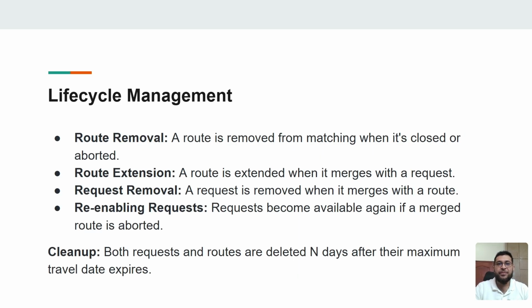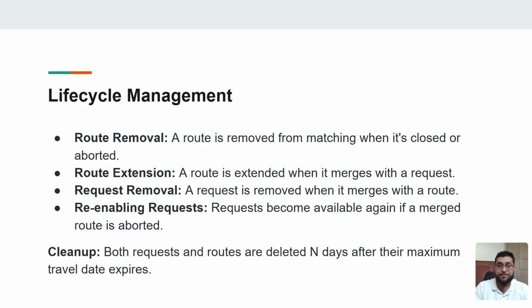And this will be the life cycle management, like route removal. A route is removed from matching when it's closed or aborted. And the other thing is route extension. A route is extended when it merges with a request, and a request is removed when it merges with the route. When any request is merged with the route, then it will be removed, and the request becomes available again if the merge is aborted.